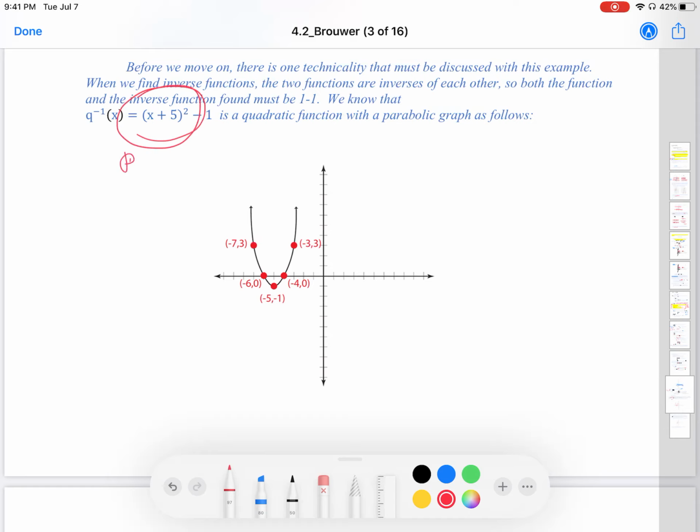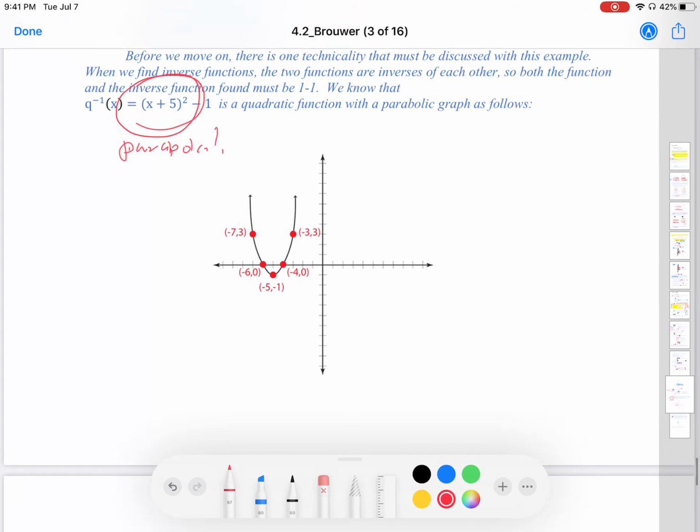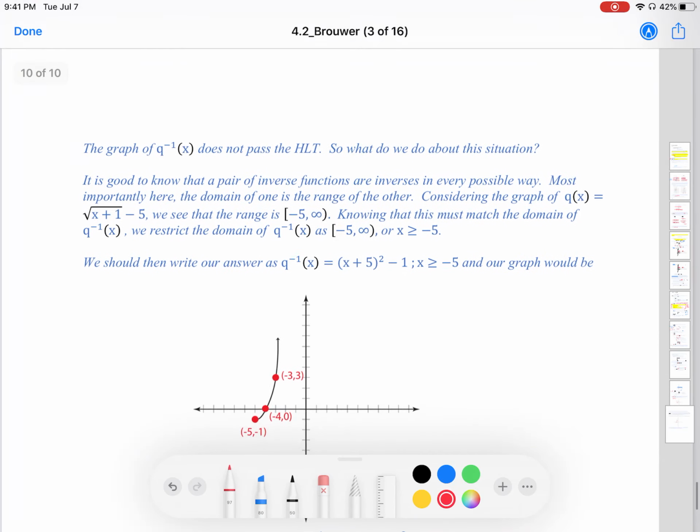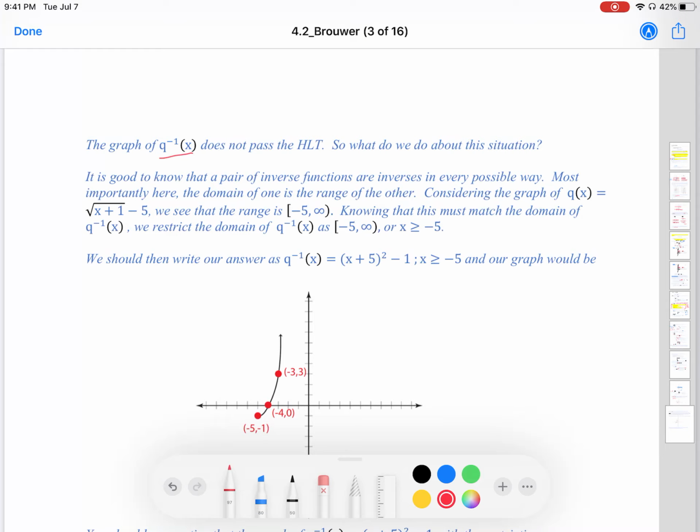Square means parabola. The graph of the inverse, Q inverse of x, now does not pass the horizontal line test. So what can we do about the situation? It is good to note the pair of inverse functions are inverses in every possible way. Most importantly here, the domain of one is the range of the other.